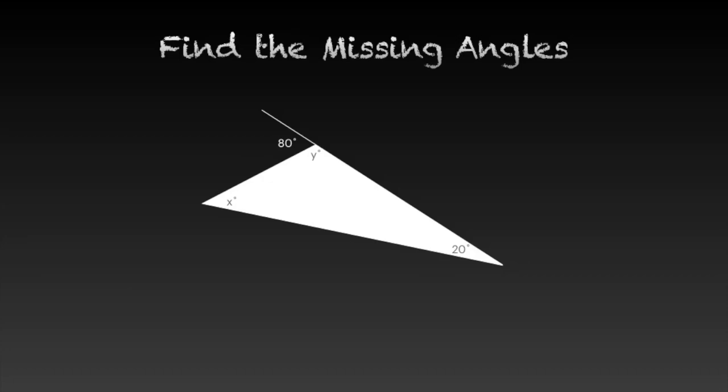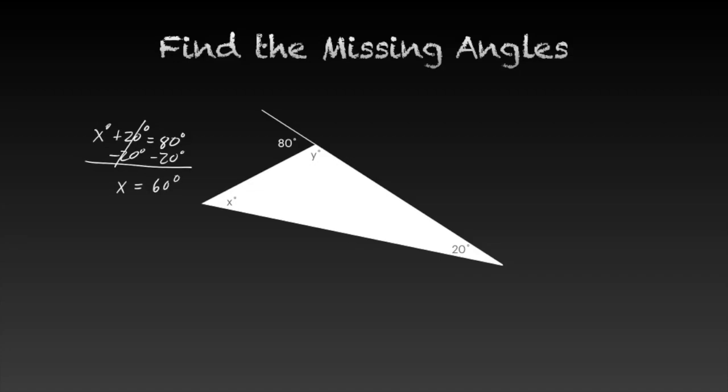So if we know that we have x plus 20 is equal to 80 degrees, that means that you're going to subtract 20 from both sides, and then now you have x is equal to 60 degrees.